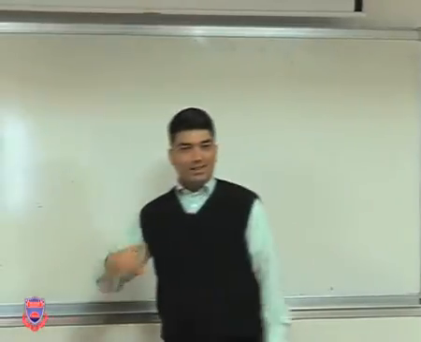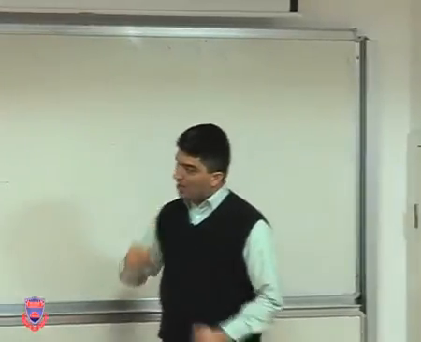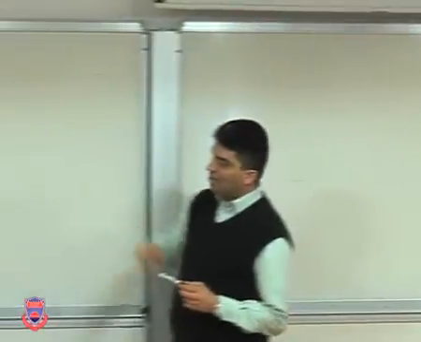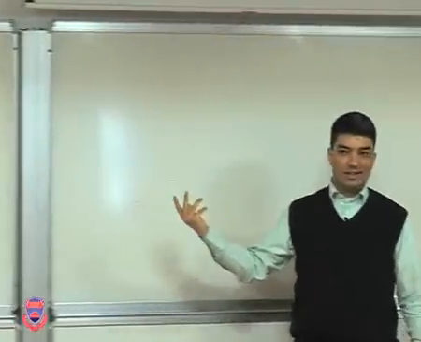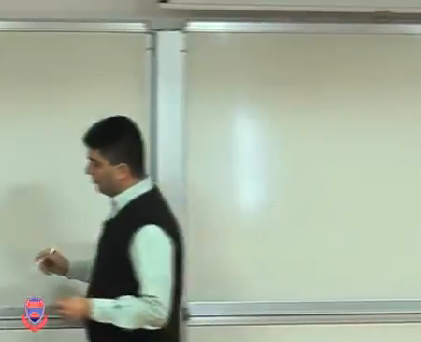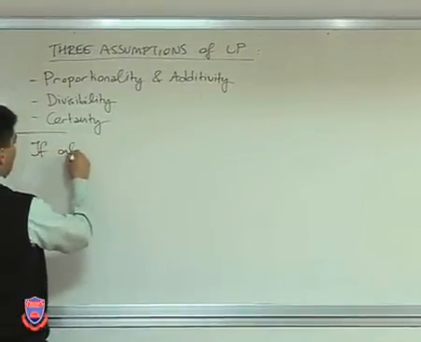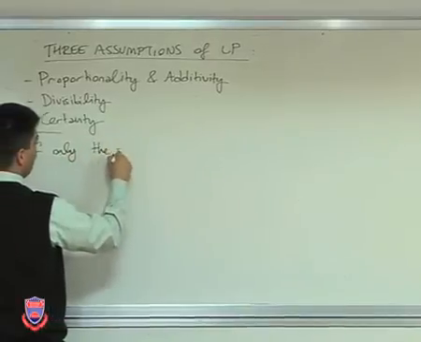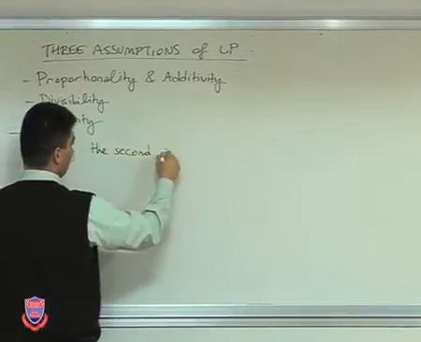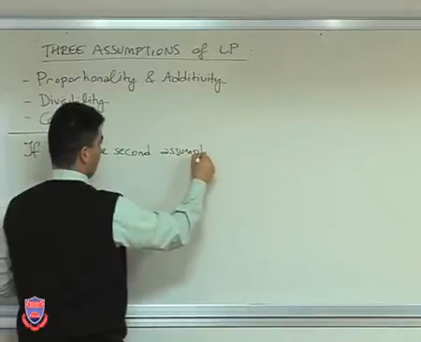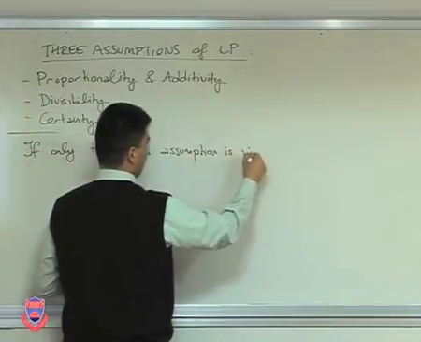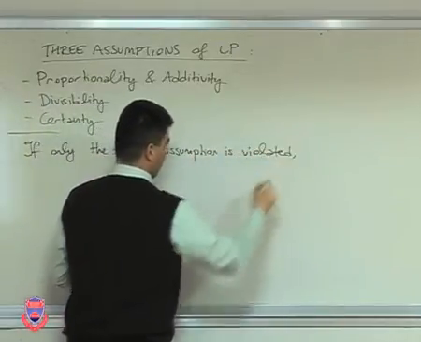And then we defined another class of optimization problems in which, among these three assumptions, only the second assumption is not satisfied. So if only the second assumption is violated, so what is the second assumption?